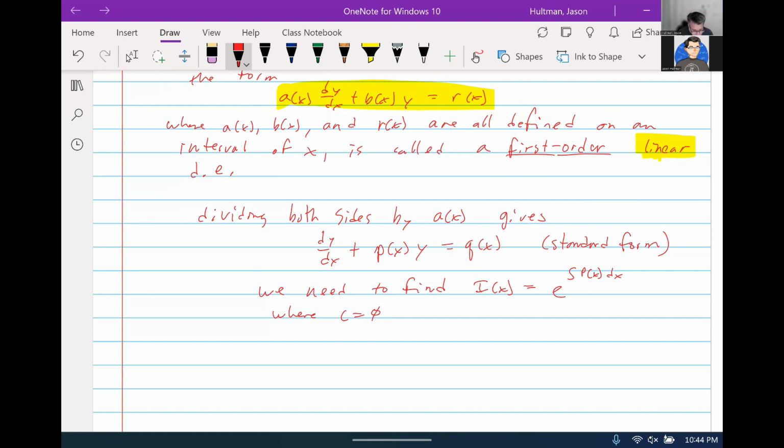And we do this so that we can complete the product rule on the left side of the equation.